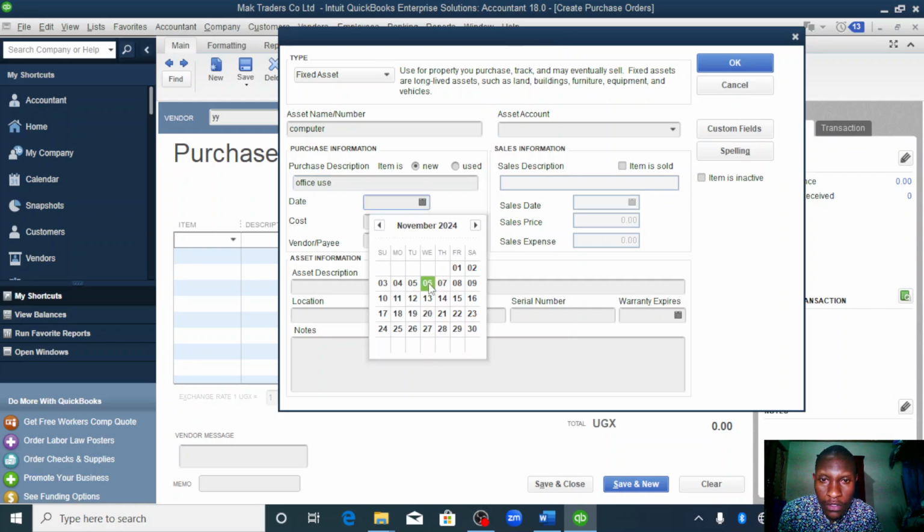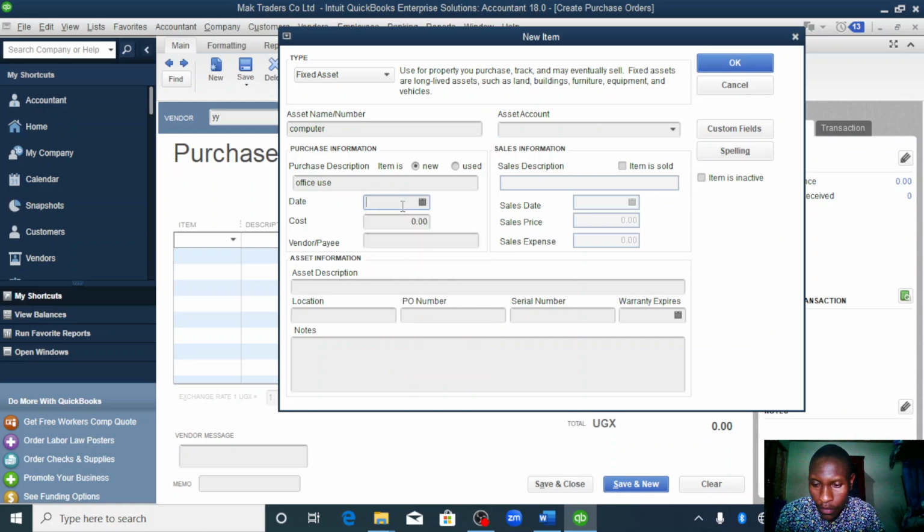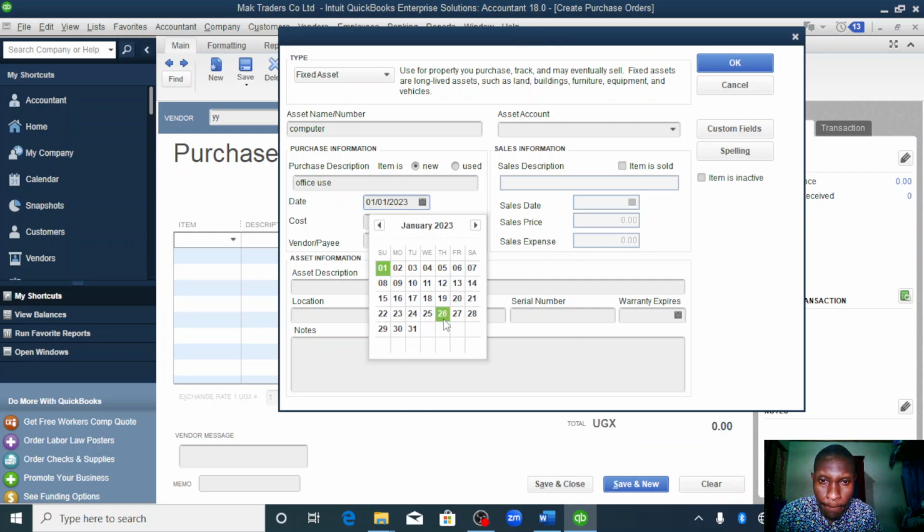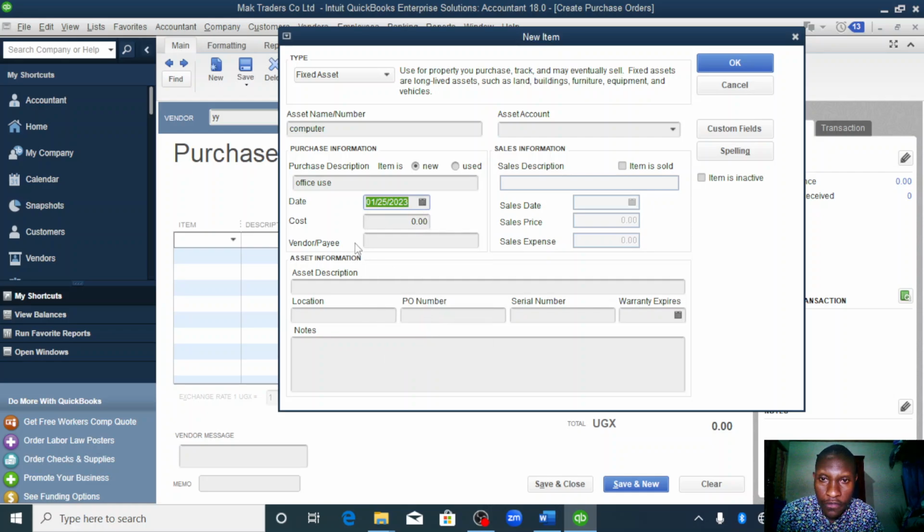Date is 25th January. Cost is 2 millions. It's 2 millions.